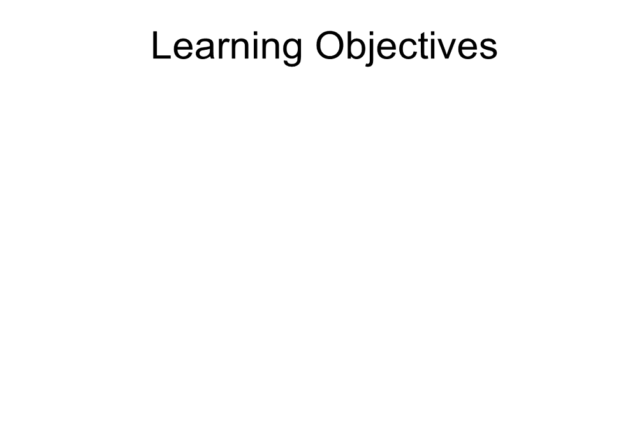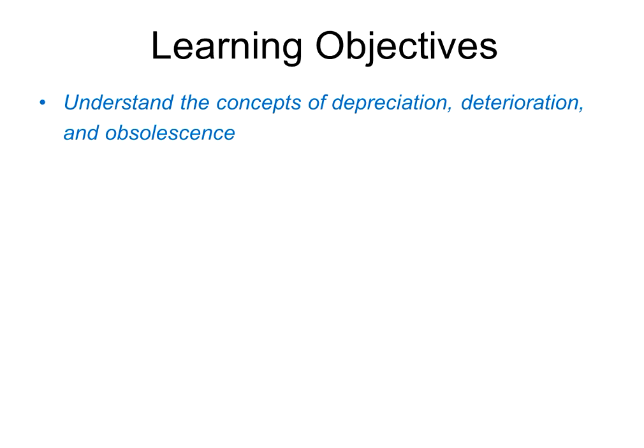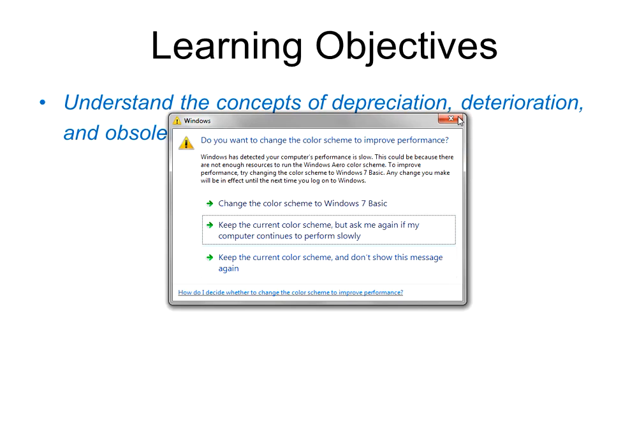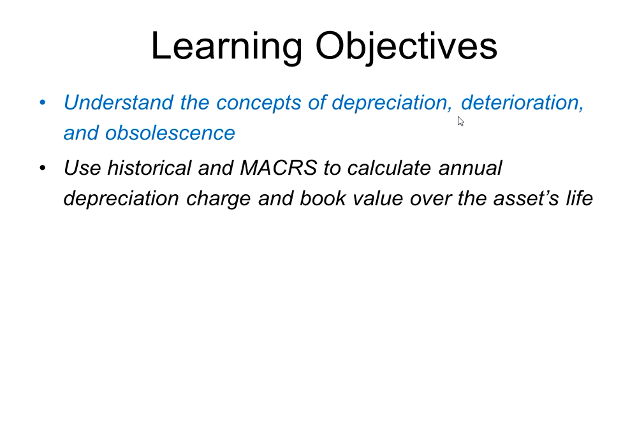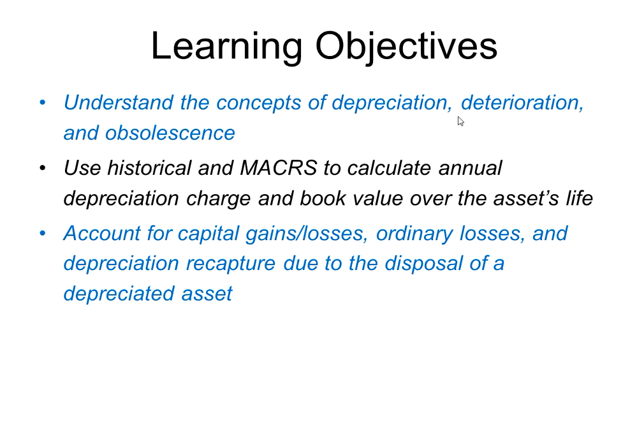So the learning objectives for today are for us to be able to understand the concepts of depreciation, deterioration, and obsolescence, and use historical and MACRS methods to calculate annual depreciation charge and book value over assets' life.